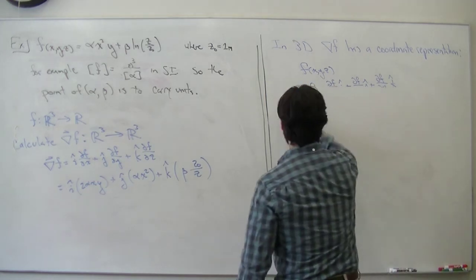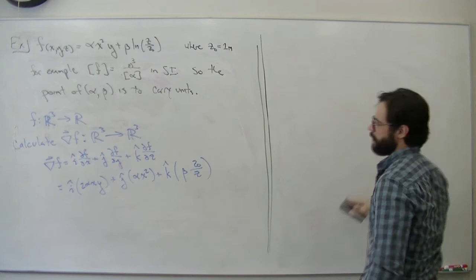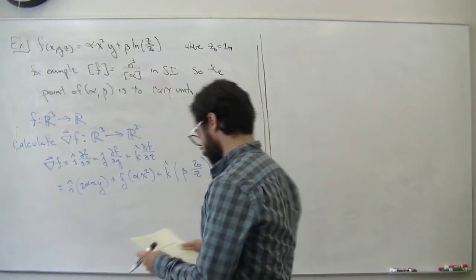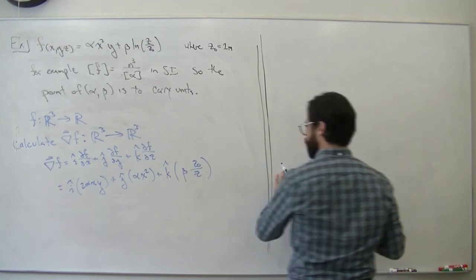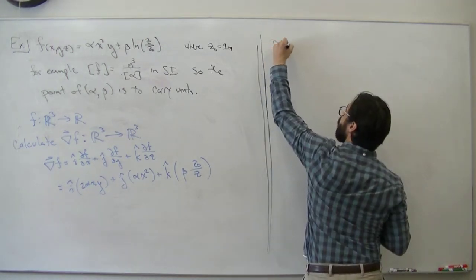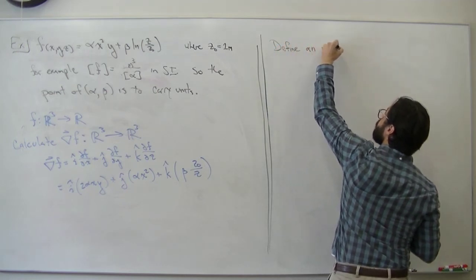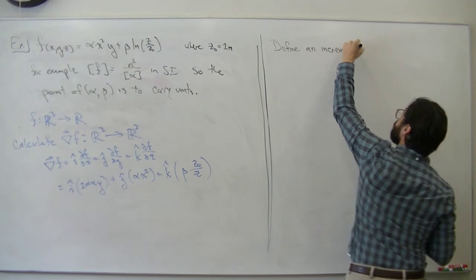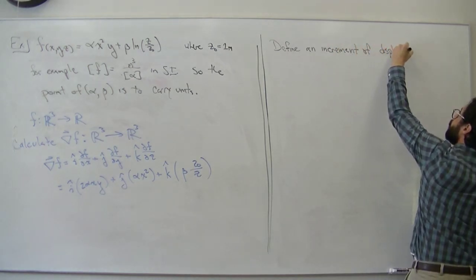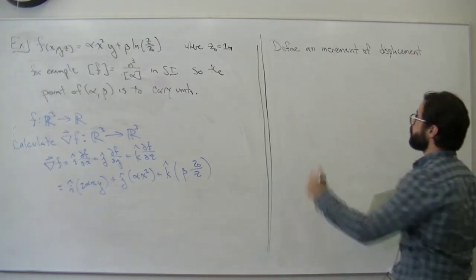And you can make really powerful arguments in physics kind of based on just the idea that certain things should be invariant of coordinates. So let's just define an increment of length. And before we do that, we have to define an increment of displacement.